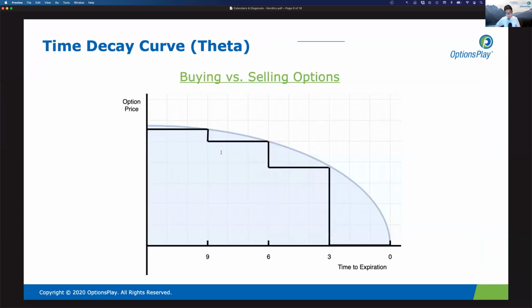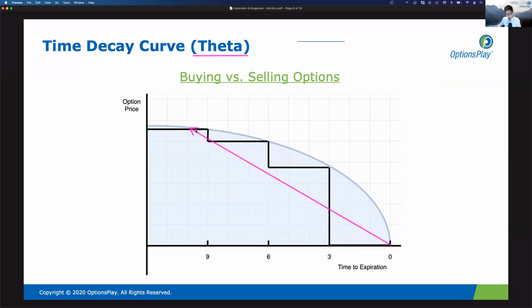The reason that we trade time spreads really comes down to the fact that when you look at the theta, or the time decay, of an option, it's not static. Depending on how much time is left between now and the expiration of an option, the theta decays at a different pace.